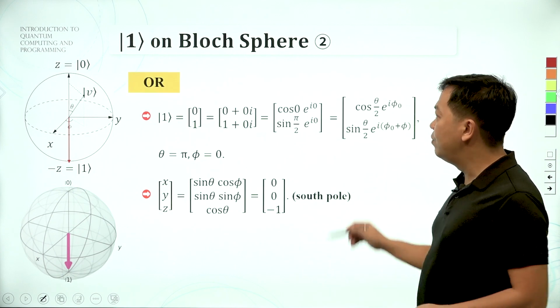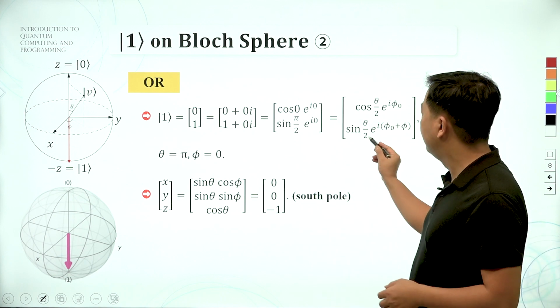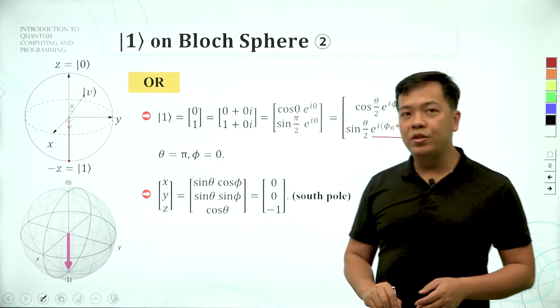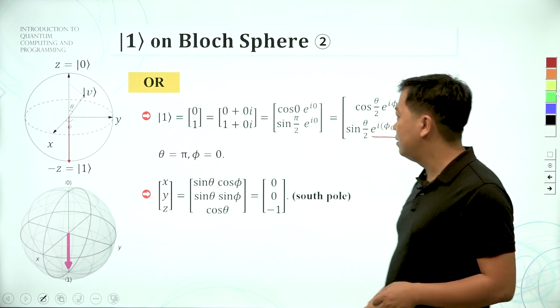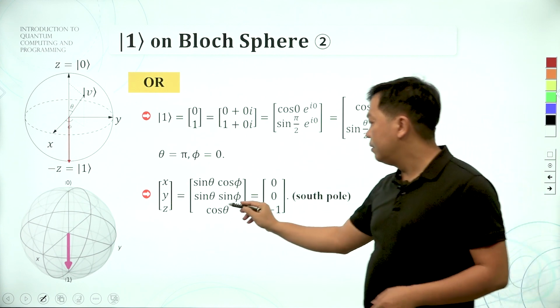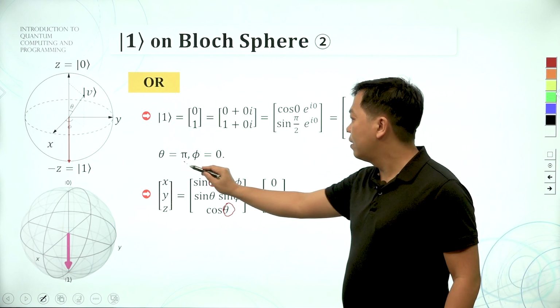Similarly, we have a second method: you can use the Euler formula. Remember the Euler formula. After we transform, we get the same value. You can replace this value, and this theta equals this value, and you can change them here.